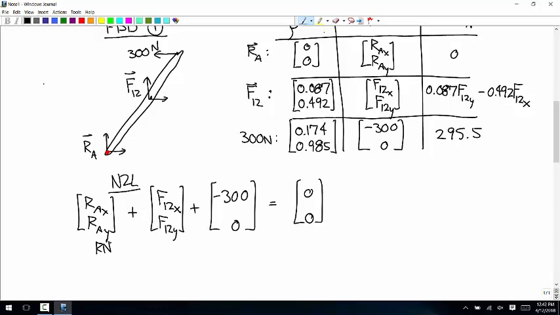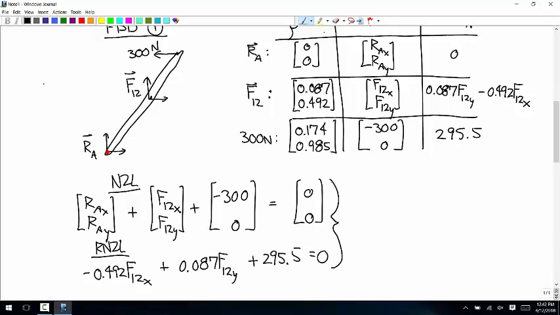And the moment equation says, I'm going to rearrange these, negative 0.492 F12X plus 0.087 F12Y plus 295.5 is equal to 0.